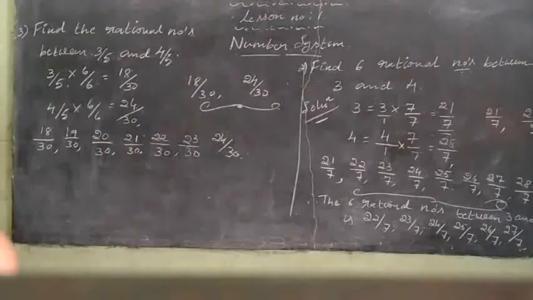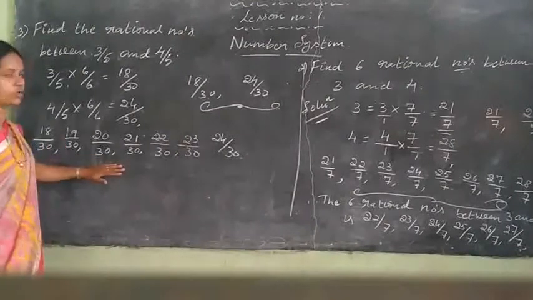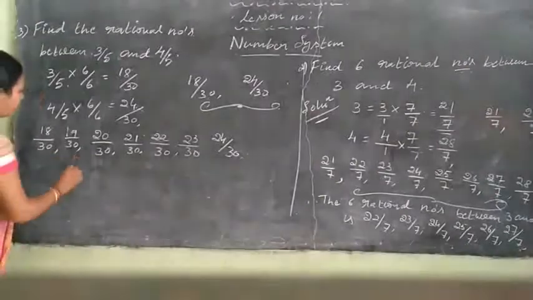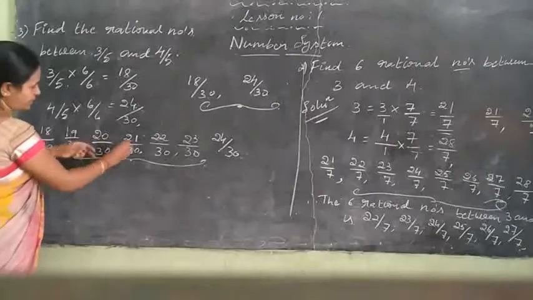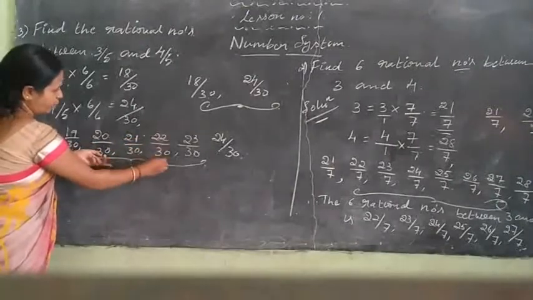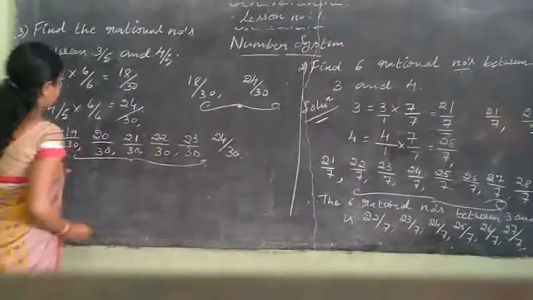So we have written 5 rational numbers, children, not 6 rational numbers. We got 5 rational numbers, that is 19 by 30, 20 by 30, 21 by 30, 22 by 30 and 23 by 30.